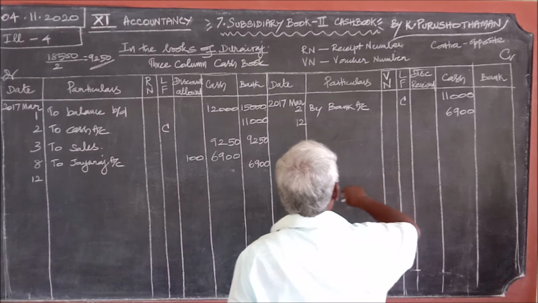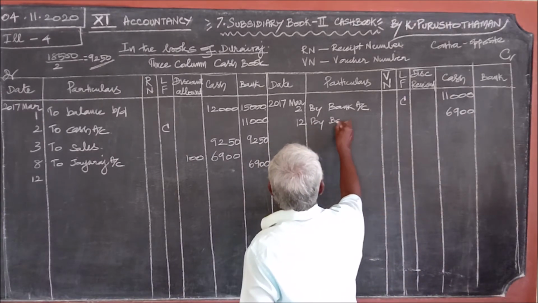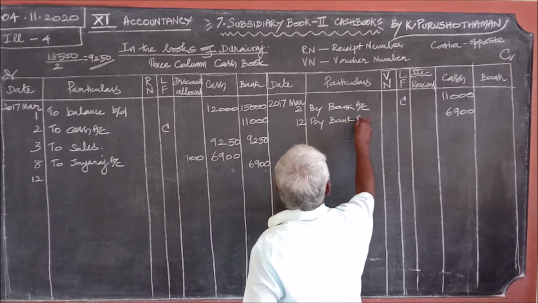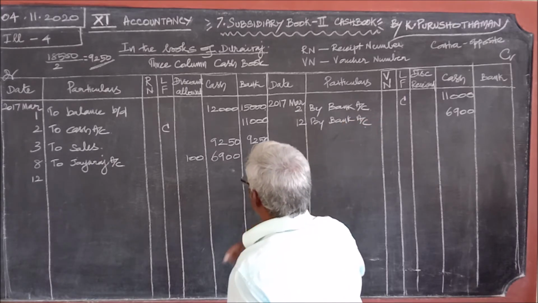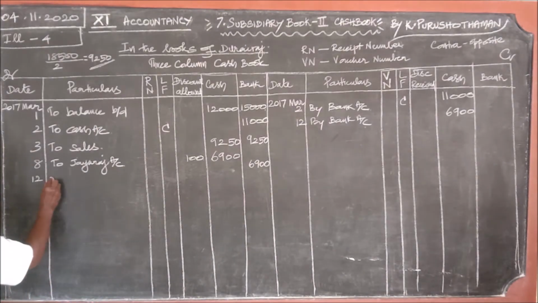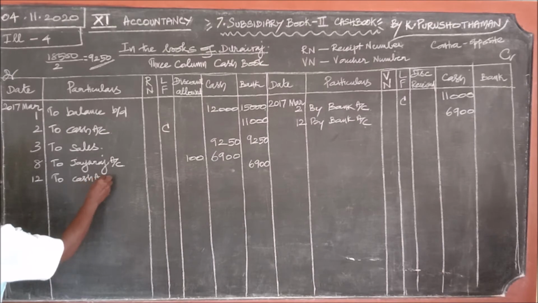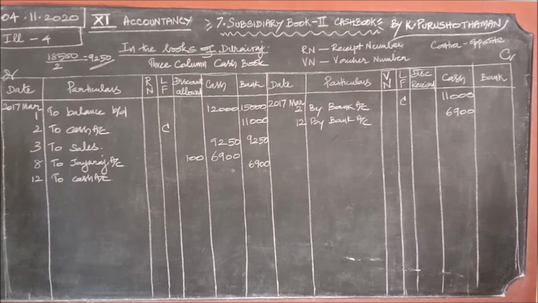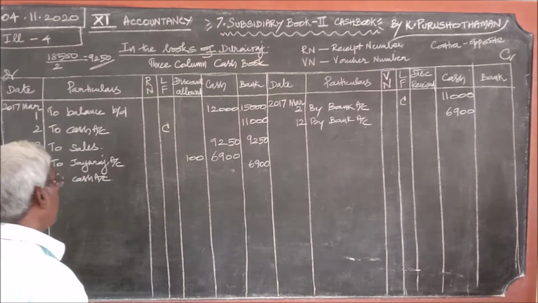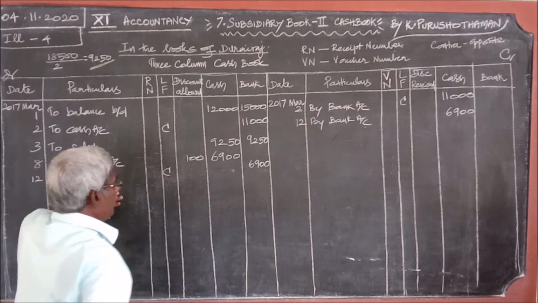Here it is the cash column, therefore "by bank account". Here it is the bank column, therefore "to cash account". The entry is passed on both sides, therefore we should put C.